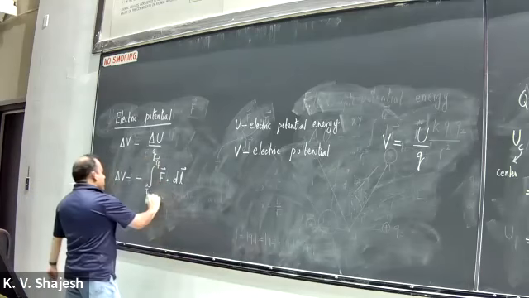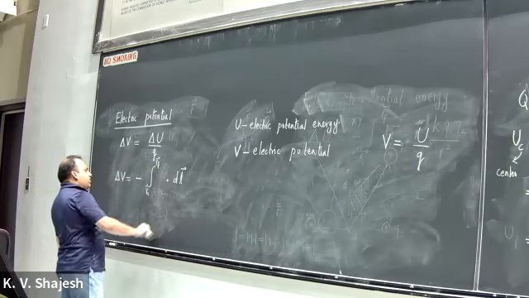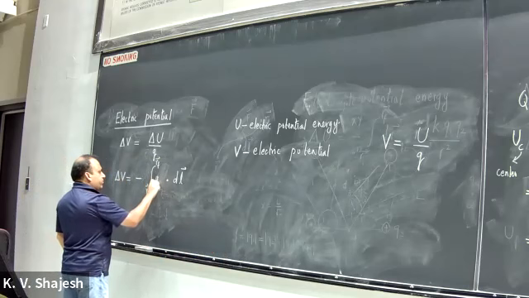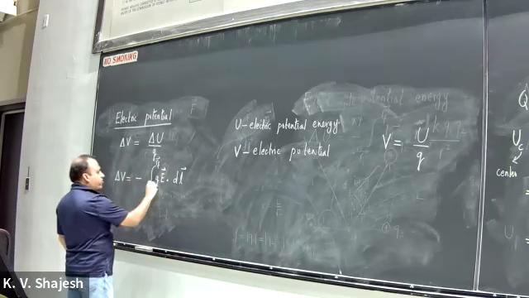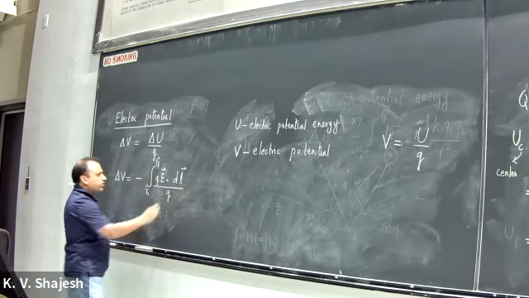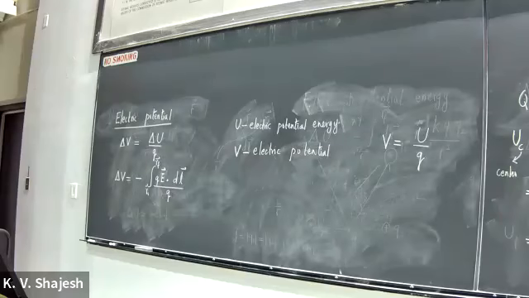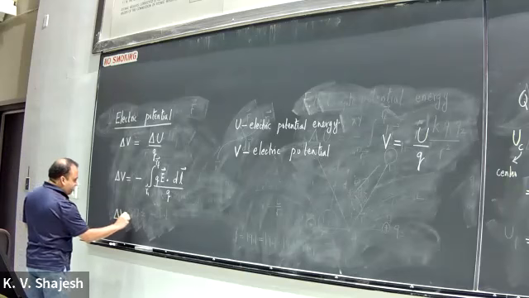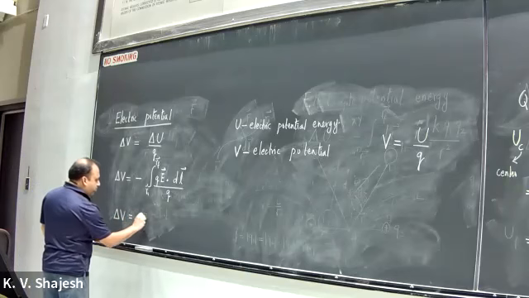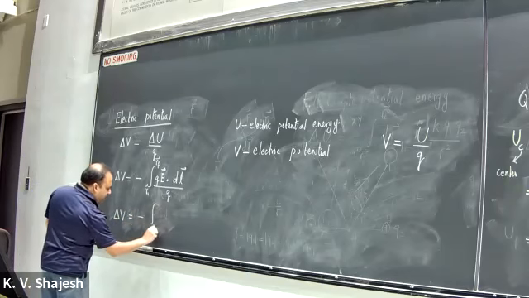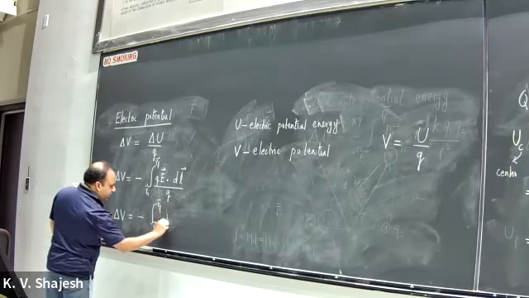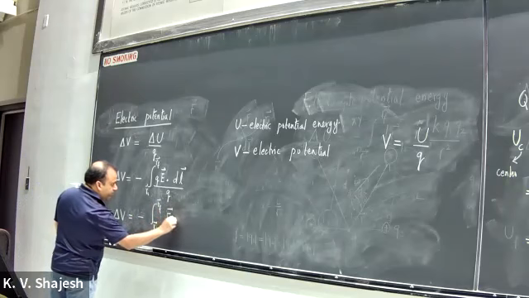So that's gone. The electric force I'm talking about is equal to Q times E. And I have to divide by the charge Q, so Q cancels out, and what is left is the definition of change in electric potential. And that's minus the integral from r initial to r final of E dot dl.